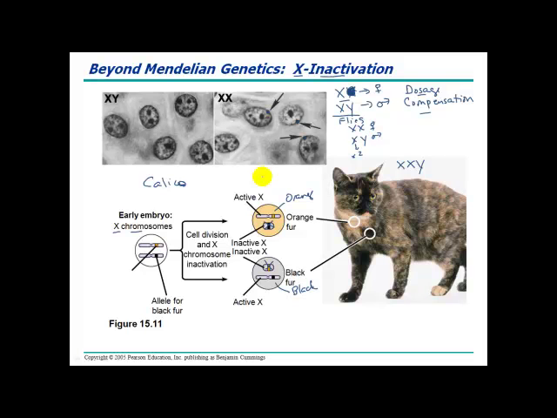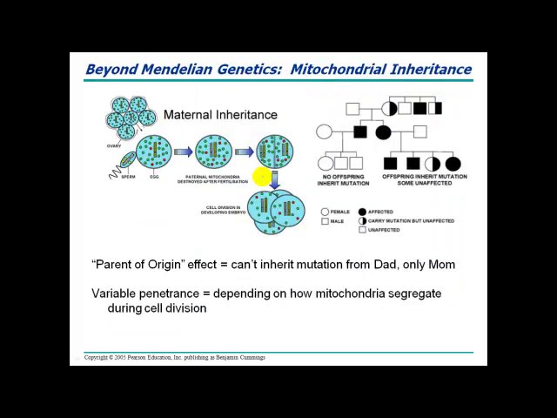All right, so that's X inactivation. Moving on, let's talk about something else that's related to females, and specifically female gametes and the way that they contribute to the next generation of progeny. And this is mitochondrial inheritance.